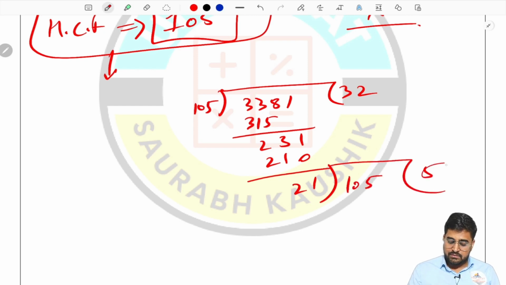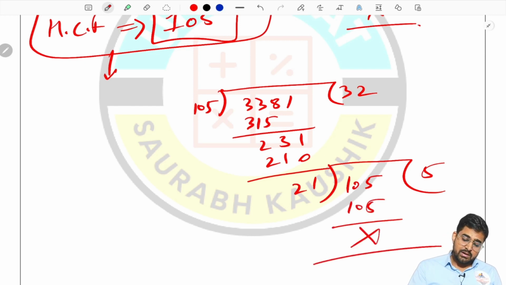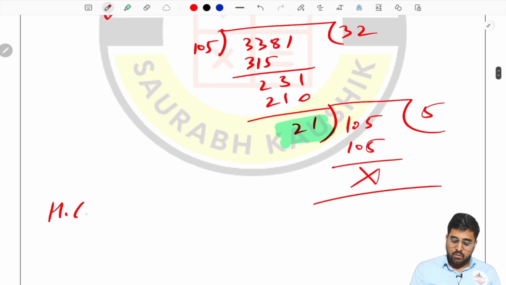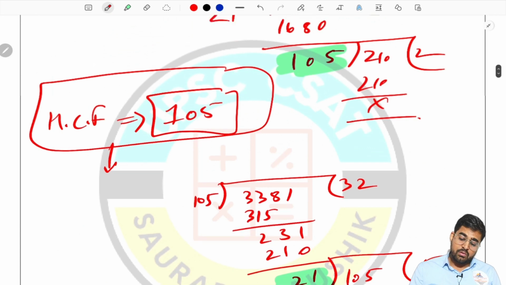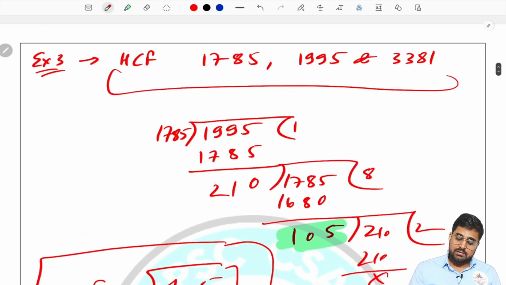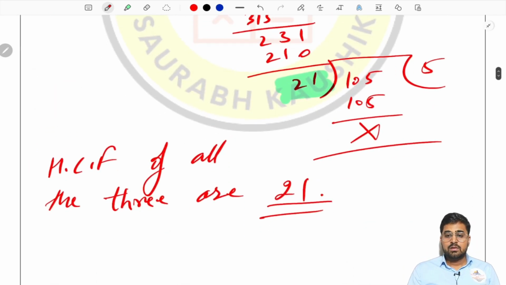Now at 5 this gets fully divided, so the highest common factor in this case is 21. Now the highest common factor of all three is 21. For all of these it becomes 21.